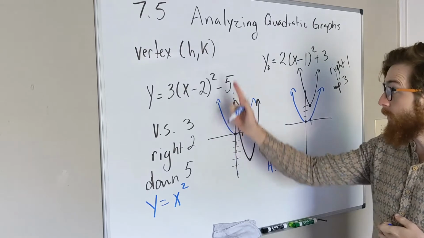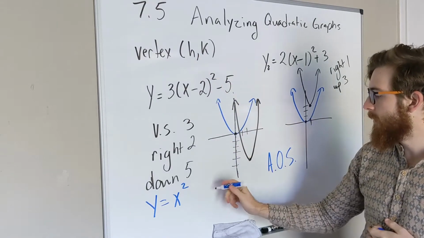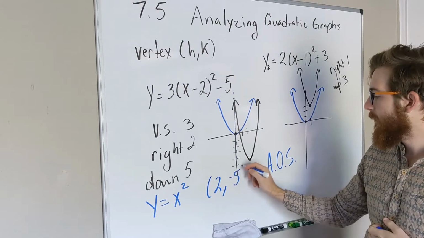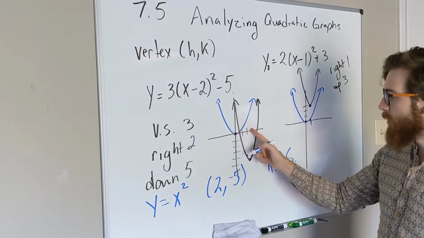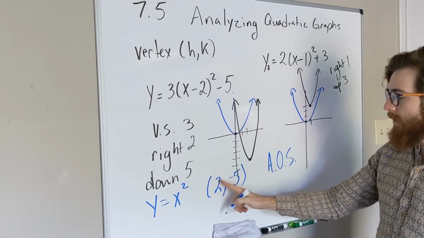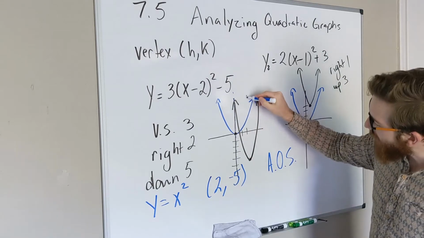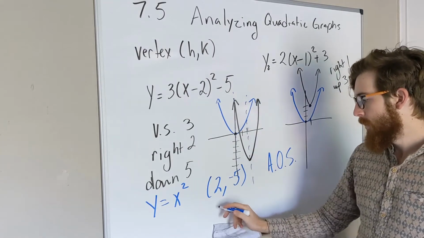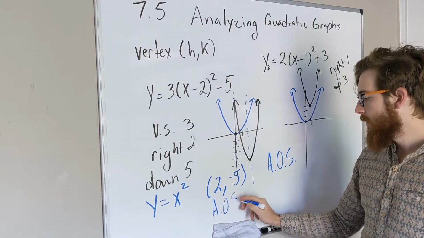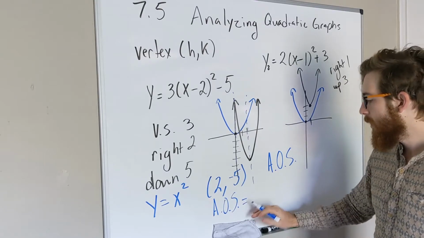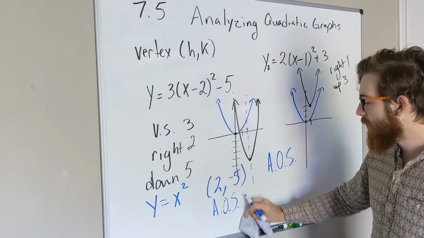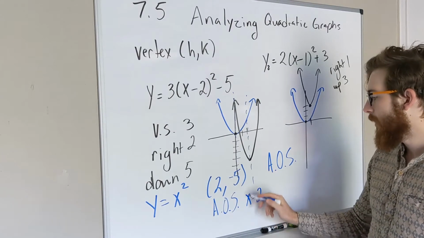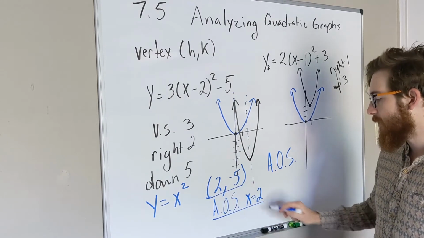So in this case, the vertex was 2, negative 5, right? Because I moved right 2 and down 5. The axis of symmetry is right here at 2. So axis of symmetry is x equals 2. So this is our vertex, this is our axis of symmetry.